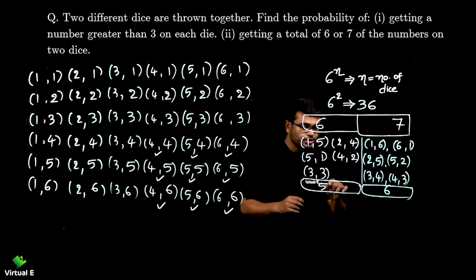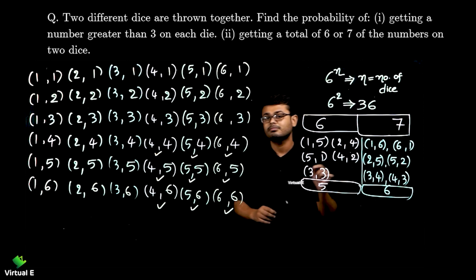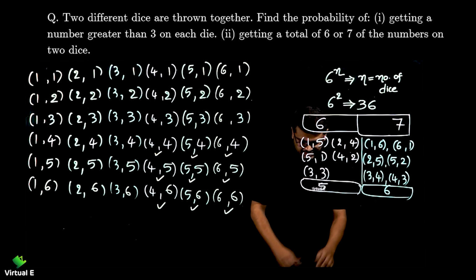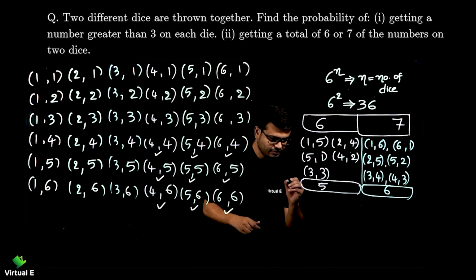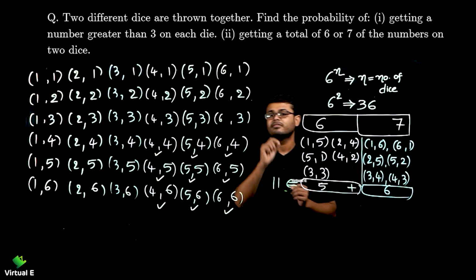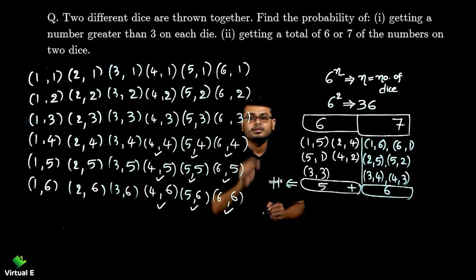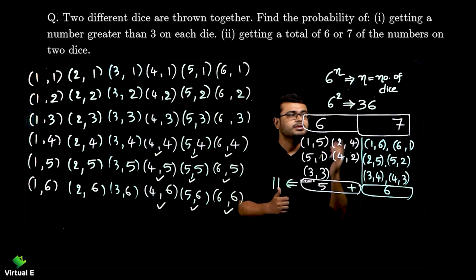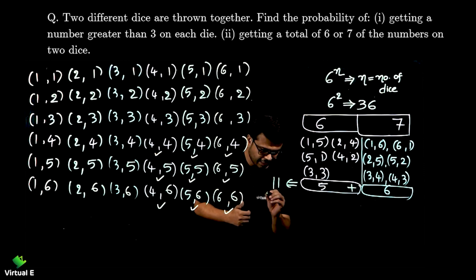In that case, you need to add the total outcomes of each of them. 5 plus 6 will give you 11, right? You are supposed to add them. 5 plus 6, 11 is the favorable outcomes. Now we know the total number of outcomes, 36. Done. So 11 by 36 will be my answer.